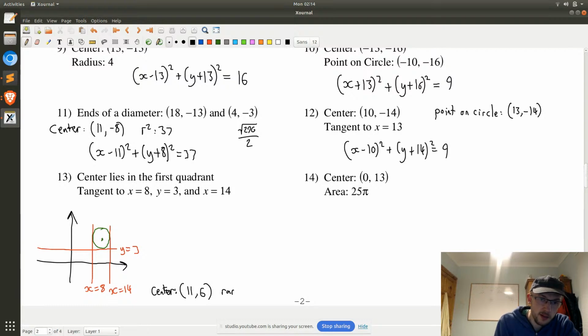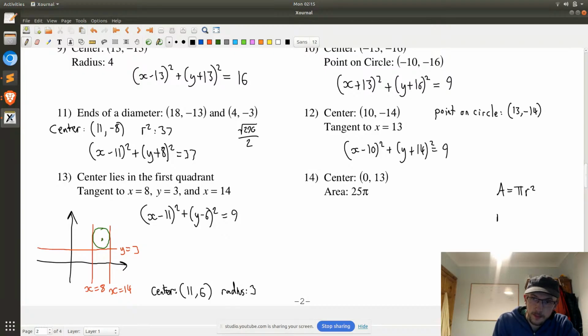The radius is 3, and thus we write plus y minus 6 squared equals 9. The center is this, the area is this, and so we need to work the formulas backwards there.